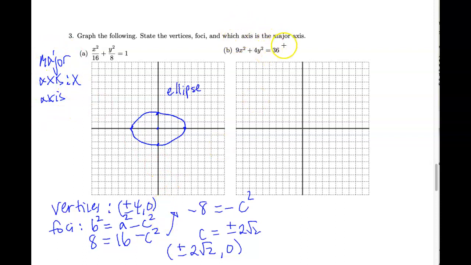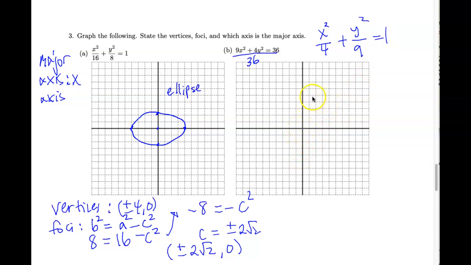Now, when we look at this next part, it's written in a slightly different form. And one thing that you've probably noticed is that the equation of the ellipse always ended in equals 1. And so we can put it in that form by dividing everything by 36. So we'll end up with x squared over 4 plus y squared over 9 equaling 1.